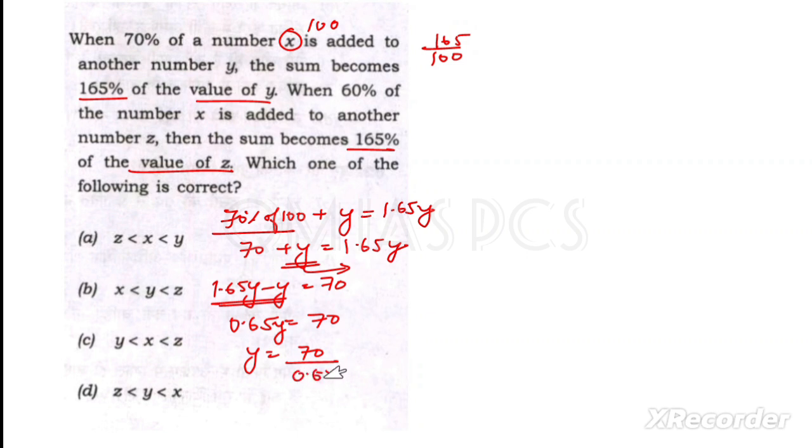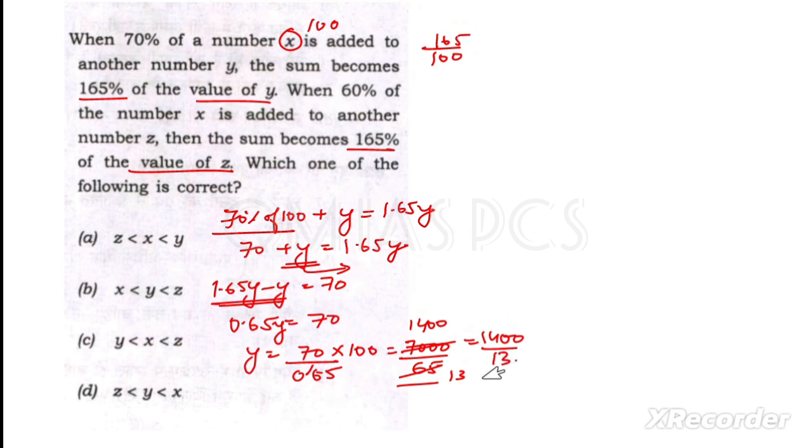So y is equal to 70 by 0.65. We can remove the decimal, so it will be 7000 by 65, or you can reduce this one, it will be 1400 by 13.